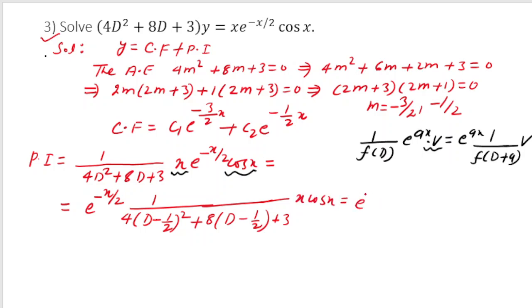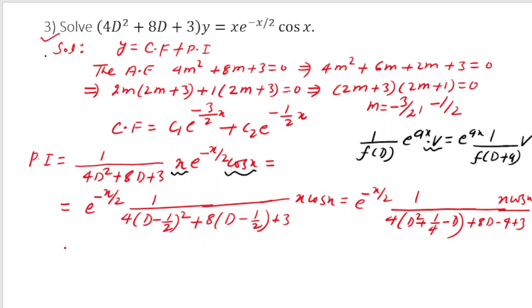So I can write e to the power minus x by 2, and let us do the simplification. So 4 times (D square plus 1 by 4 minus D). I hope you got it, because it is a square plus b square minus 2ab, and this will remain 8D minus 4 plus 3, and that we have to operate on x cos x.